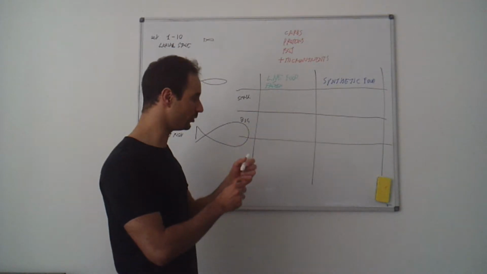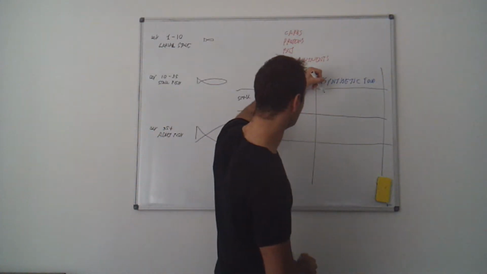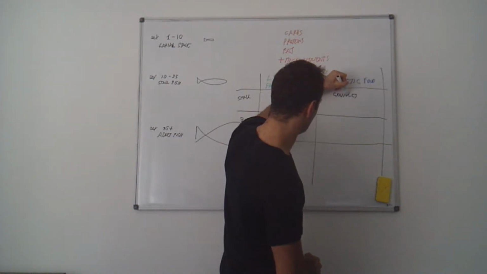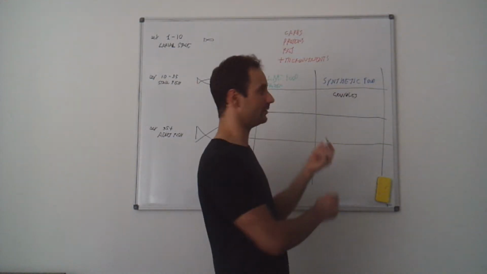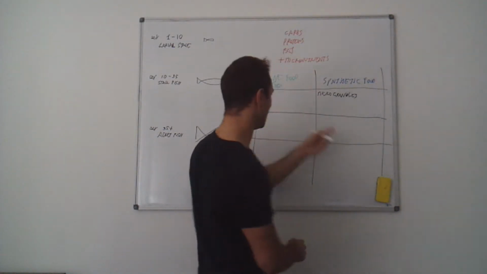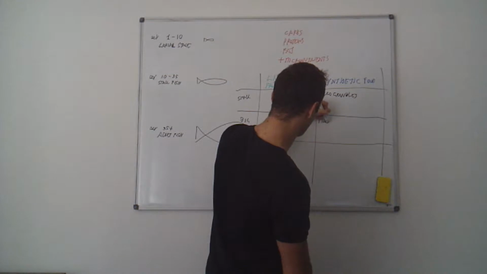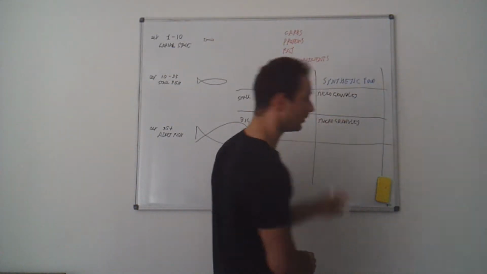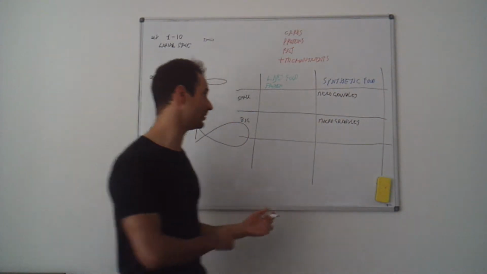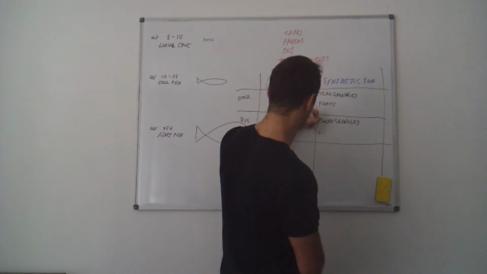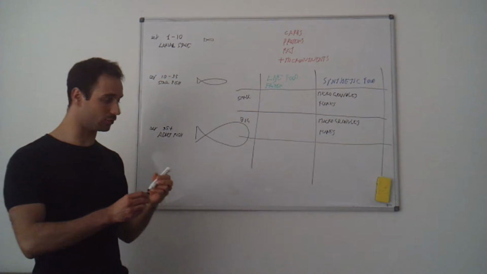Because synthetic foods are more or less granules that can be, in the case of small, micro granules or macro granules, or flakes, of different dimensions, of course.